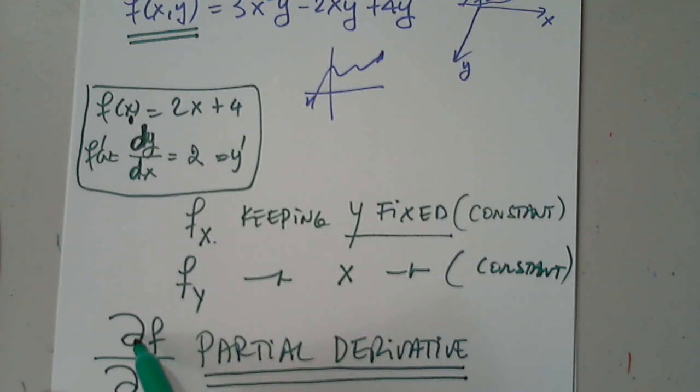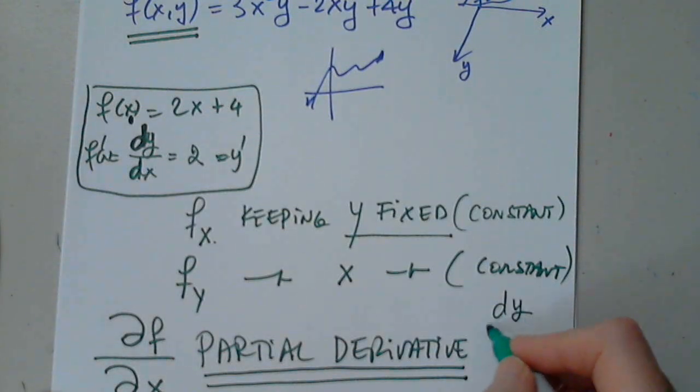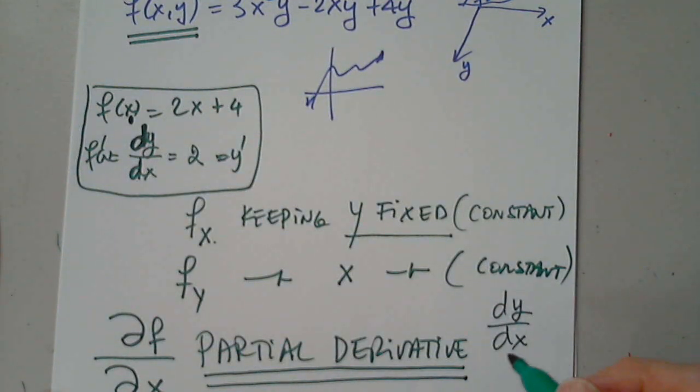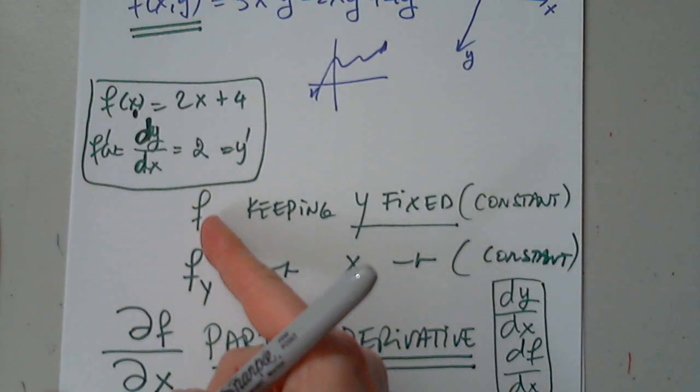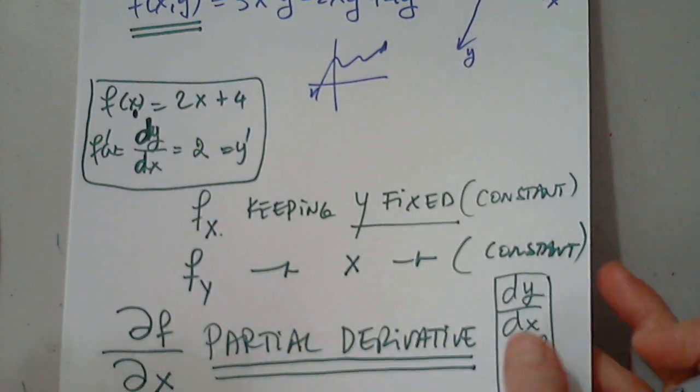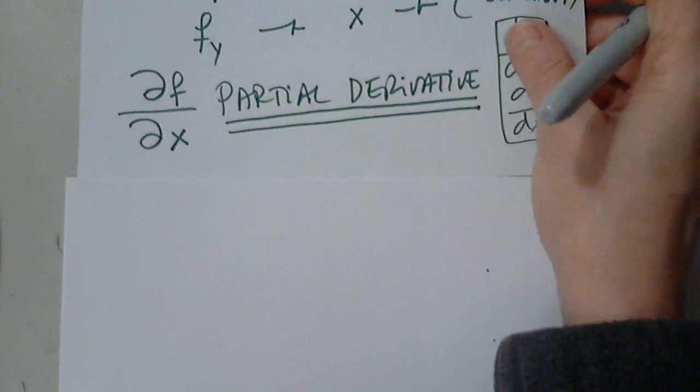And the symbol is not dy over dx or df over dx, which is specific for one variable, but it's the round d, or just write fx. So one more time here.